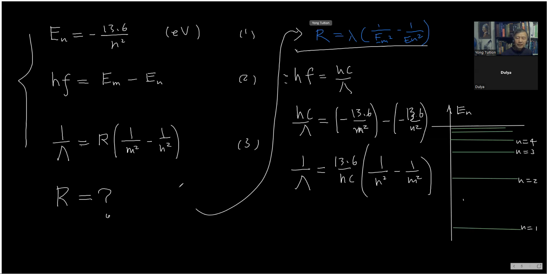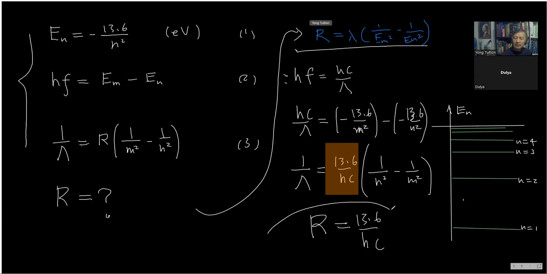If you compare this one, this is our Rydberg constant. Isn't it negative 13.6? Yes, we will fix that sign, but first we fix this result. R is equal to 13.6 over hc.